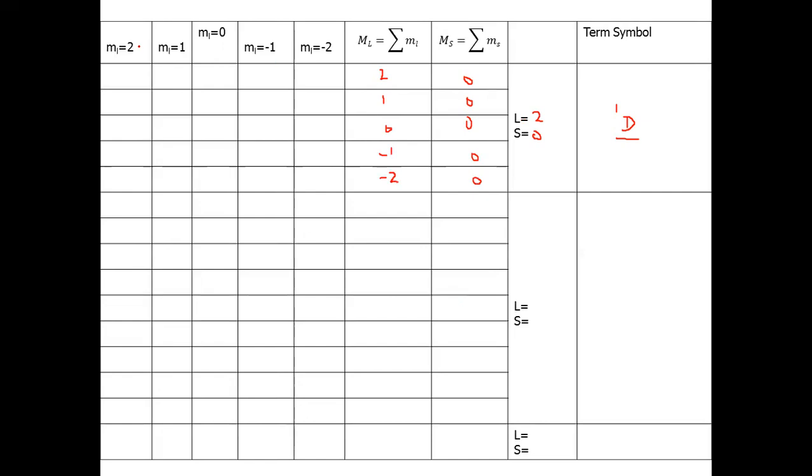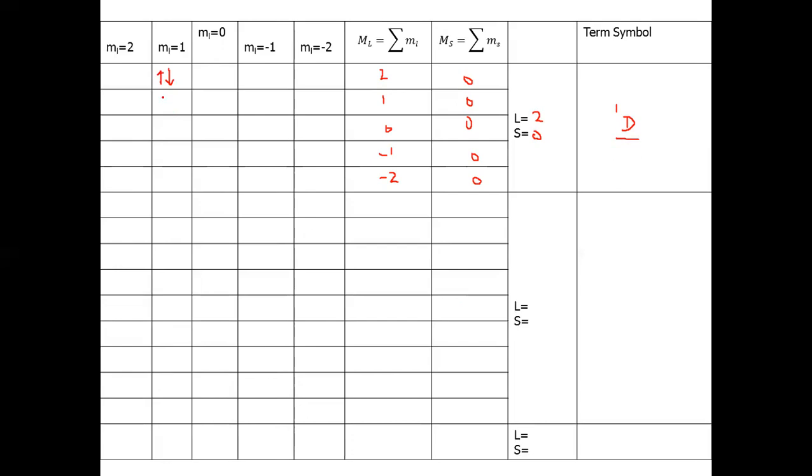Now how can we get the value 2? When both these electrons are with ml equal to 1. Now as ms is 0, they will have opposite spin. So this gives you ML equal to 2, MS equal to 0.